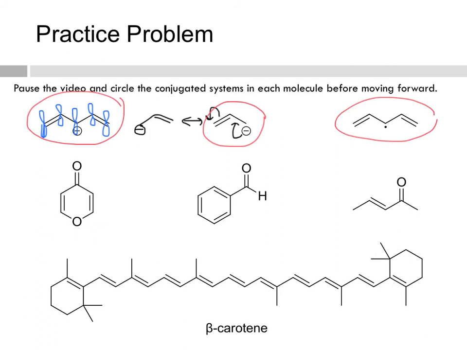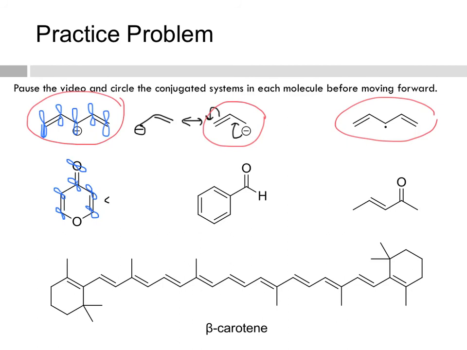For this compound on the left, we can tell that this part is going to be in conjugation. We've got a p orbital here, one here, one here, here, here, and here. Now try and draw a resonance form and you will see that this oxygen can also participate in resonance with the system, and so this oxygen can choose to be sp2 hybridized in order to be in conjugation and become more stable.